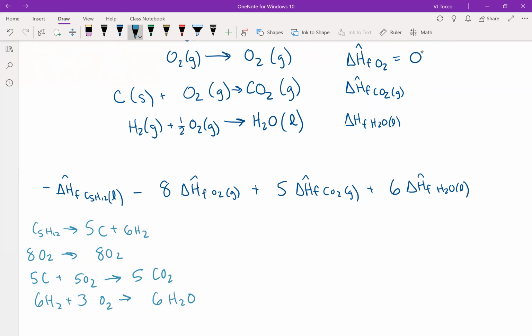Now, if I cancel out everything, I've got 5 carbons there, 5 carbons there, 8 O2s. Do I want to cancel out those 8 O2s? No, I don't want to cancel out those 8 O2s. That's going to be important. I want to cancel out these 5 O2s and these 3 O2s with those 8 O2s.